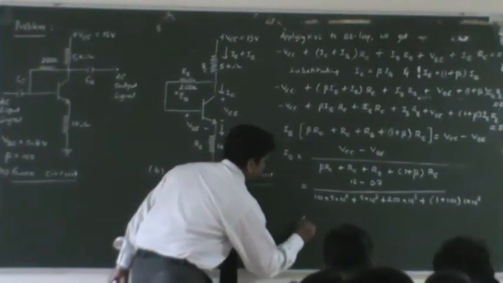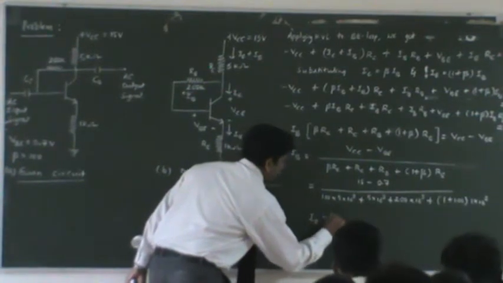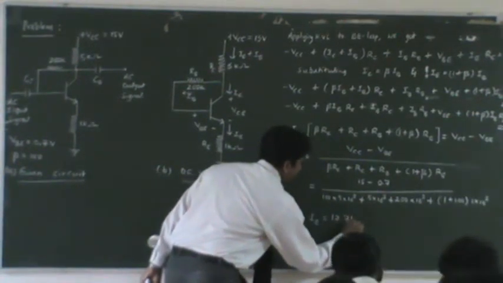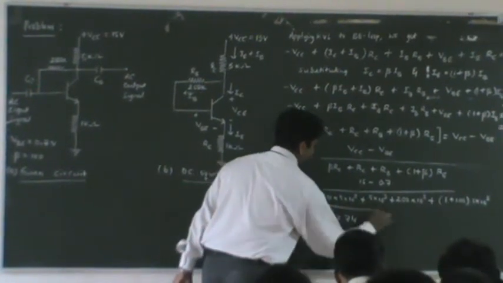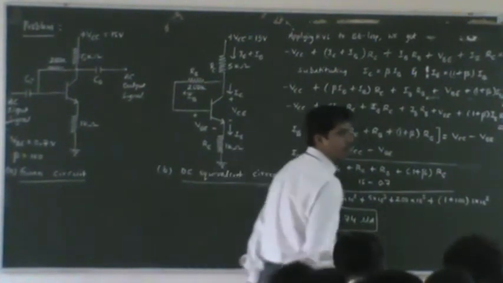Simplify this, you get IB as 17.74 microamperes. This is the value of IB.